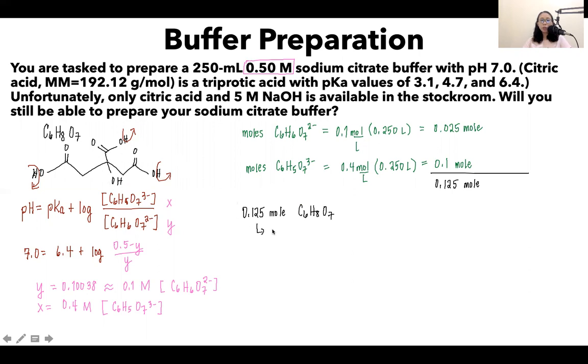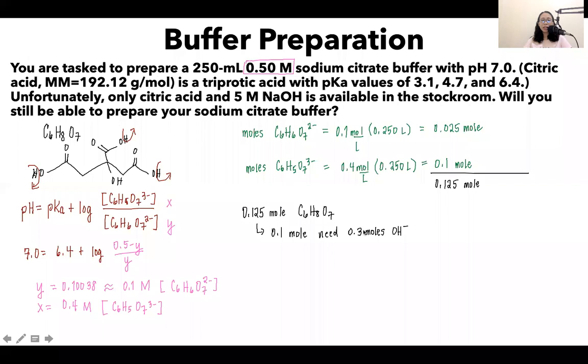Now, 0.1 mole from this 0.125, so a part of this will need 0.3 moles of OH minus.